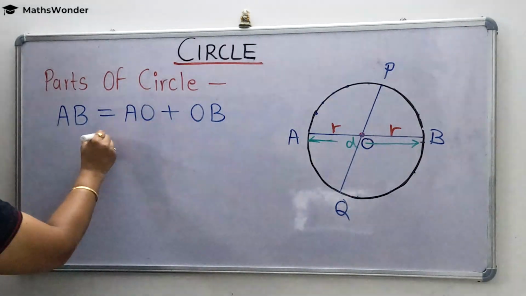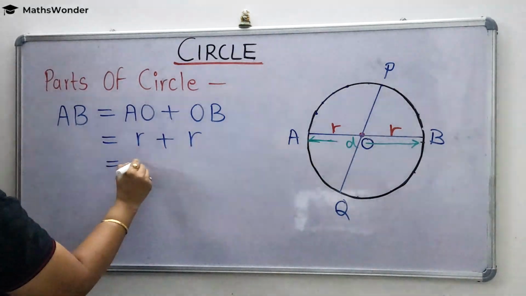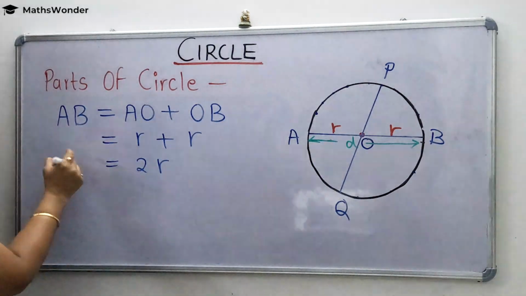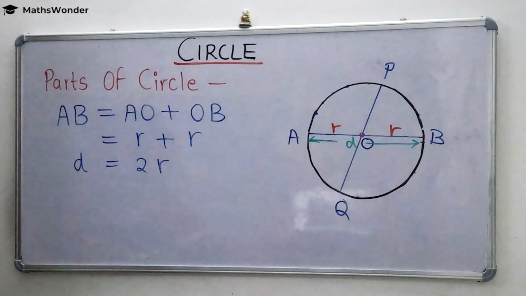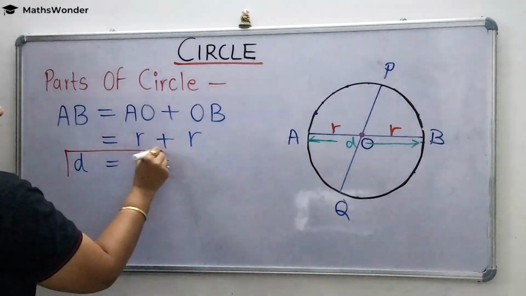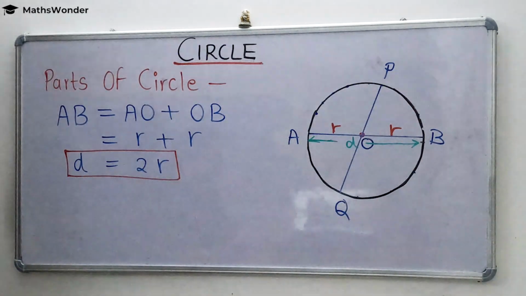Now OA is the radius and OB is also the radius, so it becomes 2 times the radius, and AB is denoted by D because AB is the diameter. So the formula is: diameter is 2 times the radius. You can write it down like this.